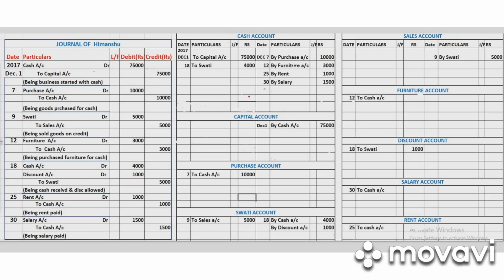Okay, now I have written all the accounts in the corresponding places. You can just look at how these accounts are written. Cash account it is done, all the accounts are written. Capital account also it is written. Purchase account you can see, Swadhi account you can see, and sales account it is written.